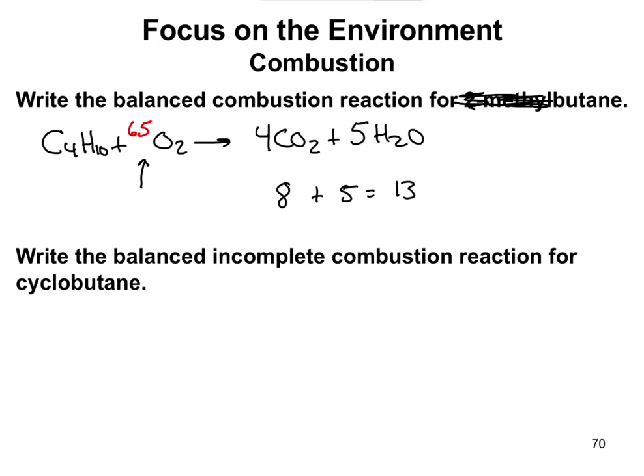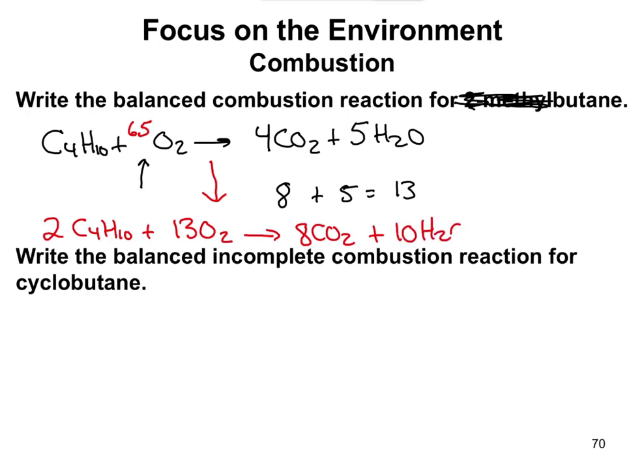But if you think of that as 6.5, it's really easy to fix this, because what you're going to do is basically take that whole equation and rewrite it, multiplying everything by 2. So we're going to put coefficients of 2 in front of C4H10 plus, instead of 6.5, 6.5 times 2, we would have 13 oxygens plus 8 CO2s plus 10 H2Os.